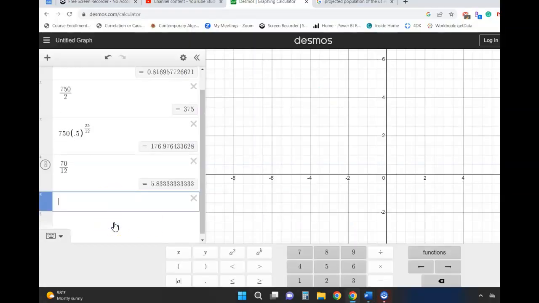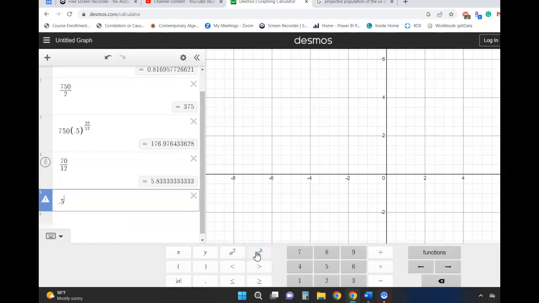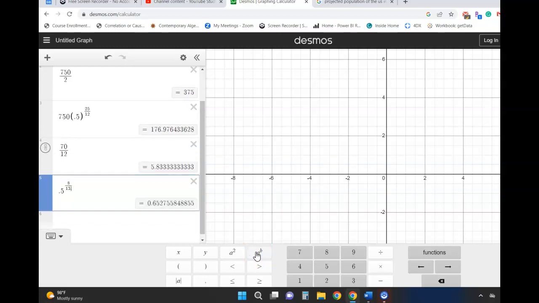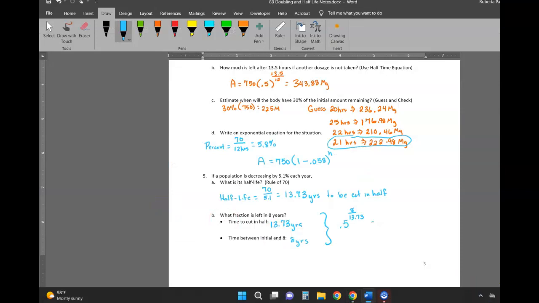This answer should be greater than 0.5 because 8 is less than 13.73. So we get 0.67. 0.67 is the fraction left after 8 years.